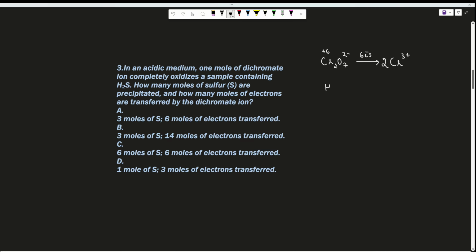Next, if you take H2S, this dichromate oxidizes sulfur in the -2 state to elemental sulfur, which is in zero oxidation state. Here sulfur is balanced, right? If you look at this process, you have two electrons involved.